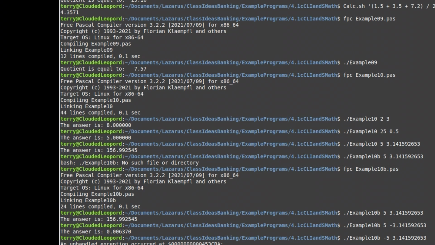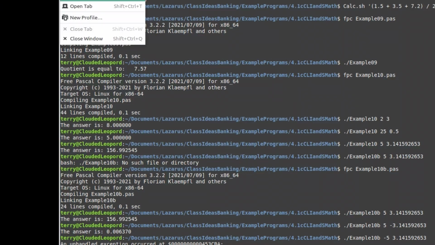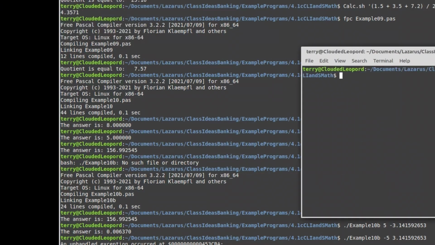And let's make it a 30-year, which is 360 payments.